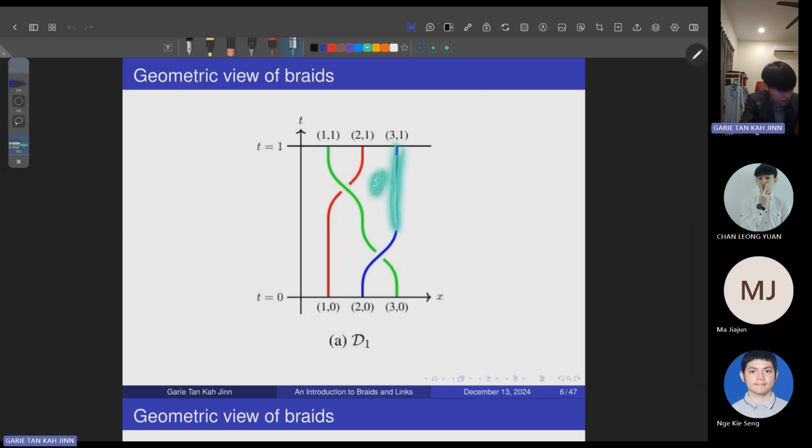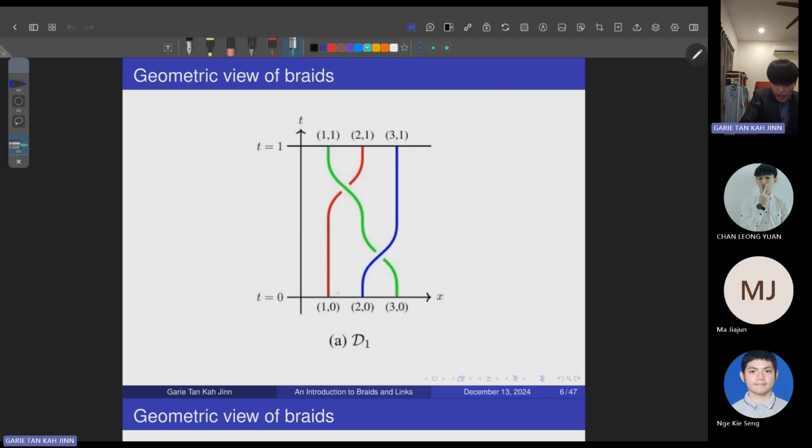Here the points belong to one string. But at exactly this point and this point, they belong to two strings. Here it is the green string and the red string, and below it the blue string and the green string. At this kind of intersection point, we call it a crossing, and we will distinguish which one is overgoing and which is undergoing, which I will define later.